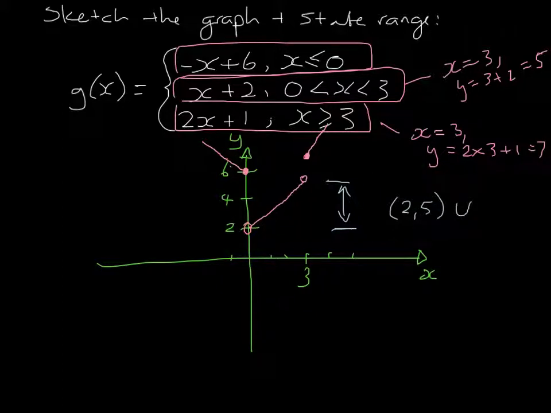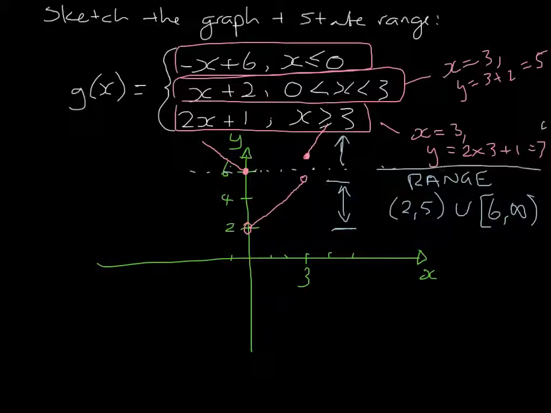And we also have the next part, which is from 6 upwards. So that's going to be 6 and infinity. Round bracket for infinity. Does it equal 6? Yes, it does. Square bracket there. So that's what our range is equal to. Okay, so that's that question. Let's move on to the next one.